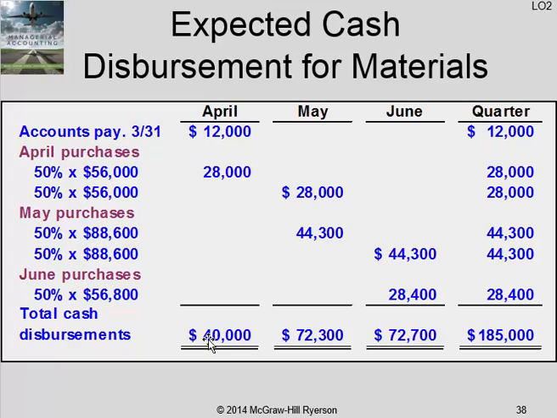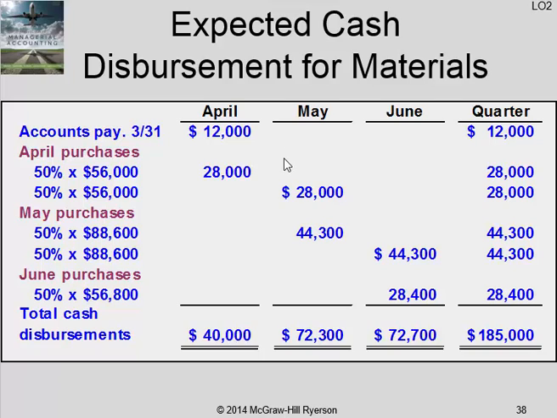Then we add all this up, and this is what we're expecting in terms of having to write a check in that month to pay for this stuff. Obviously this is going to be useful for when we do the cash budget. This is going to be one of the sources of cash going out of the business, and it's an important thing for us to know.